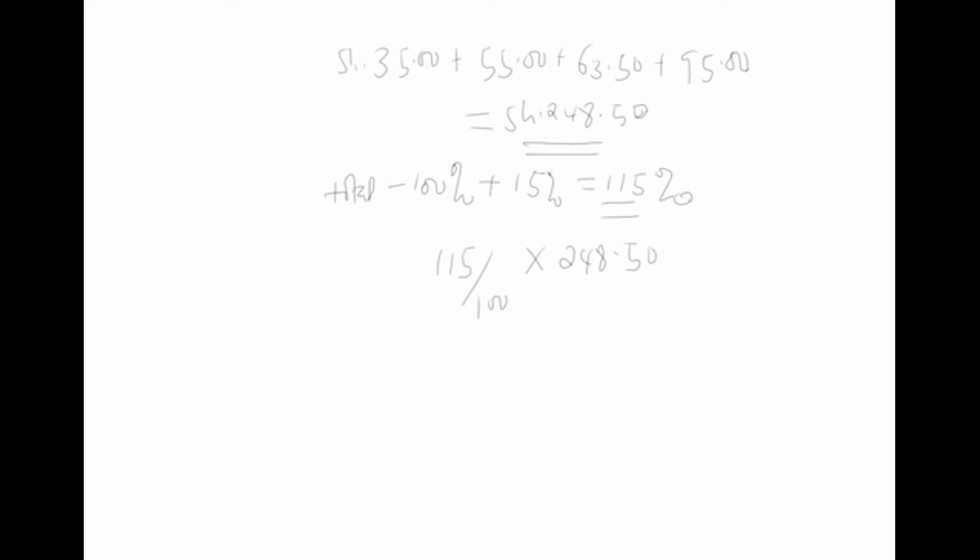When we divide, we should get 285 shillings 0.775, but we are told the total bill is rounded to the nearest 10 cents, so we consider the 7, it is above 50 cents. So the bill will be 285 shillings and 80 cents. That will be the total bill.